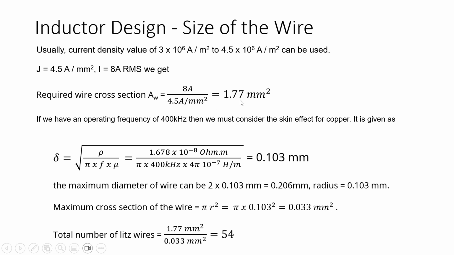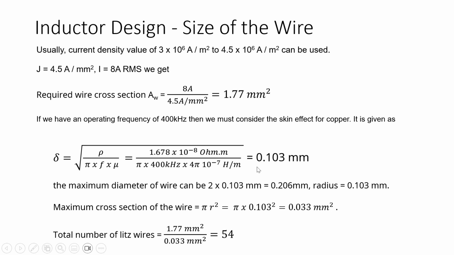So if we plug in the values, we get this cross section area. So our wire will have a cross section area of 1.77. If our operating frequency is high, for example 400 kilohertz, then we have to consider the skin effect. So we will find the skin depth with this formula for this frequency and for the copper, and we get this value.